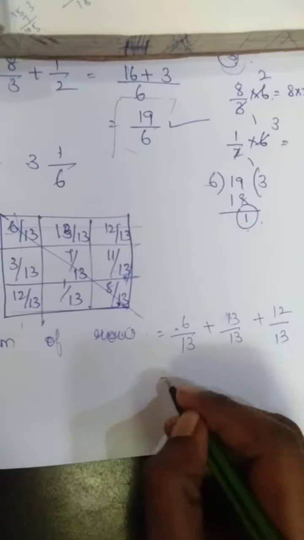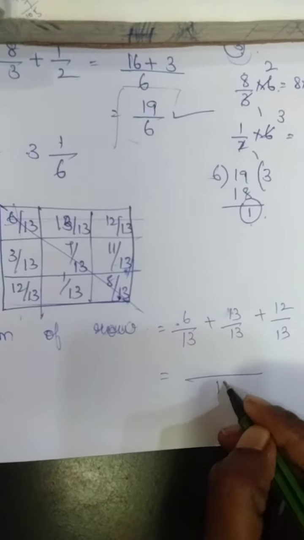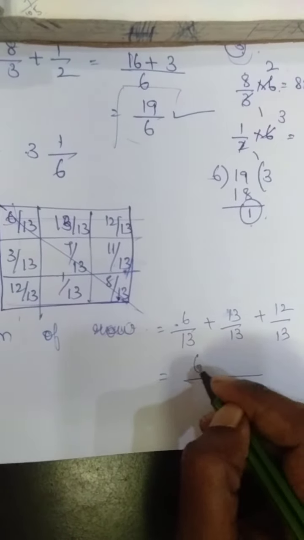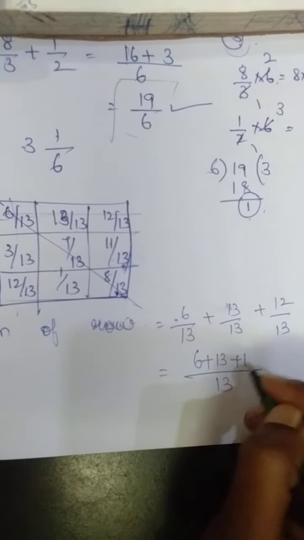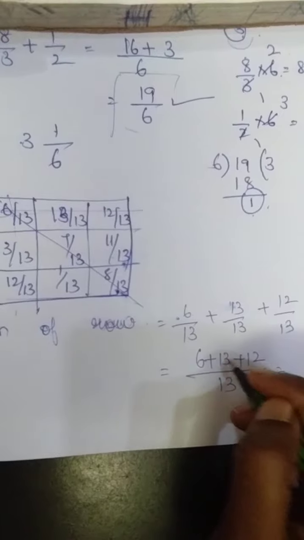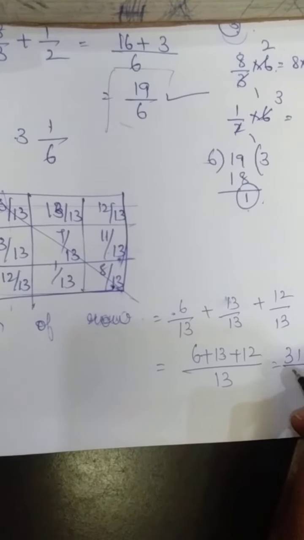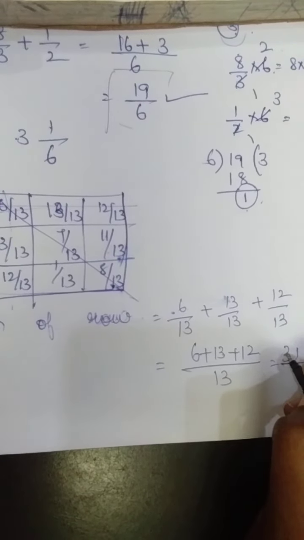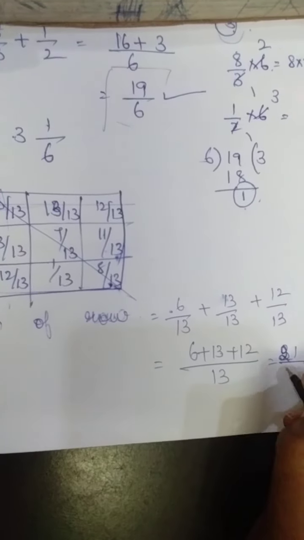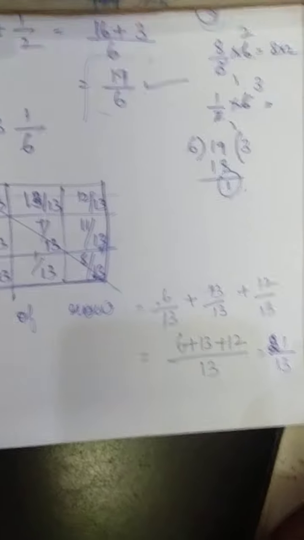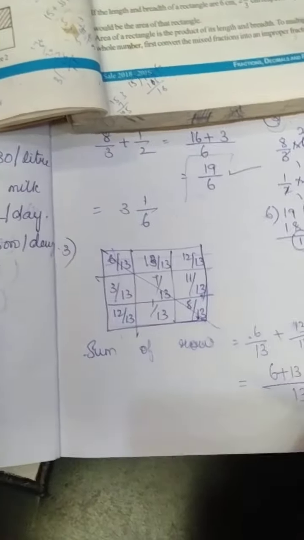Okay, now do the LCM. You will get the 13 and 6 plus 13 plus 12. How much will you get? 6 plus 13 is 19, 19 plus 12 is 31. So total 31 by 13. Clear?